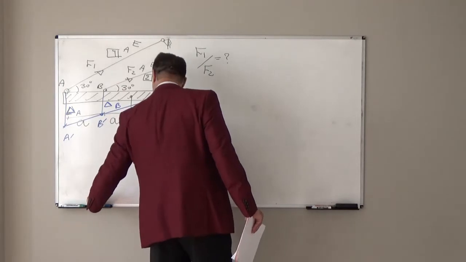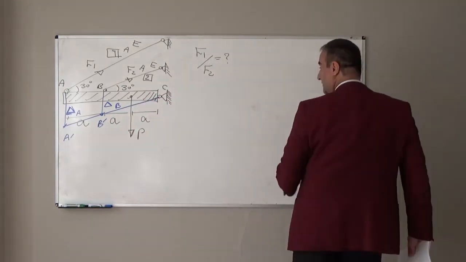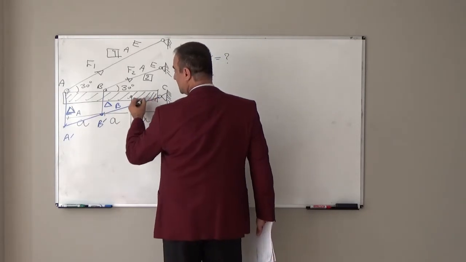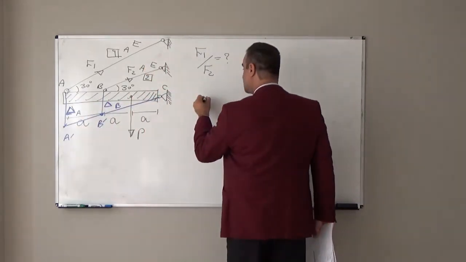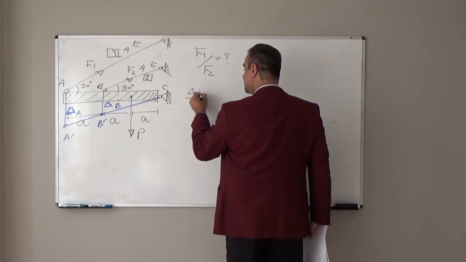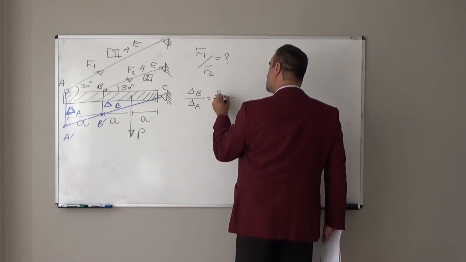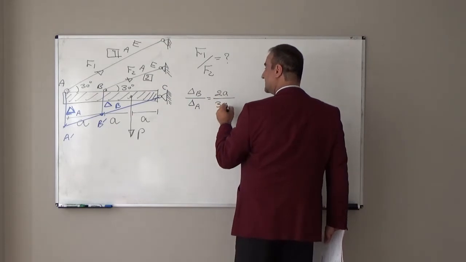From geometry, in these two triangles, this small one and the bigger one, I can write delta B over delta A is equal to 2a over 3a.